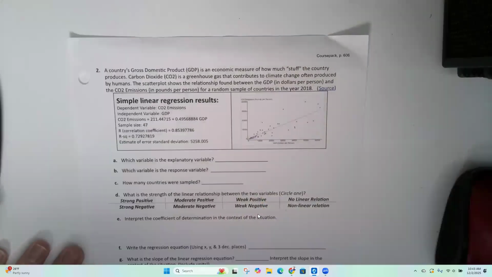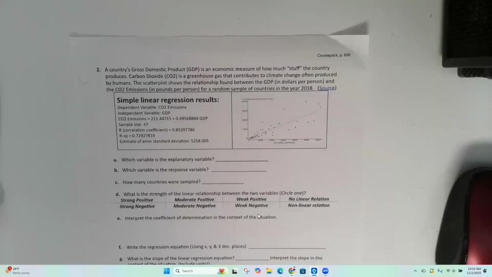All right, let's look at page 606. We're going to look at question number 2 on page 606 for the sample final exam. A country's gross domestic product is an economic measure of how much stuff the country produces. So GDP is measured in dollars, but that's not necessarily that the country made that much money.